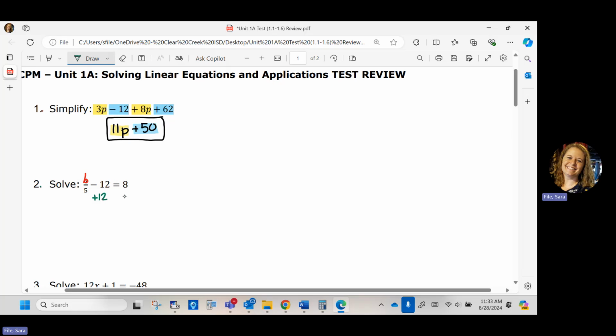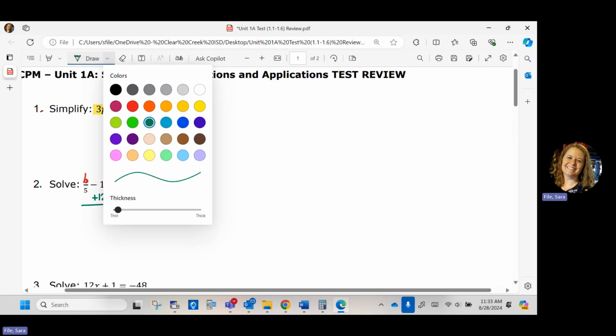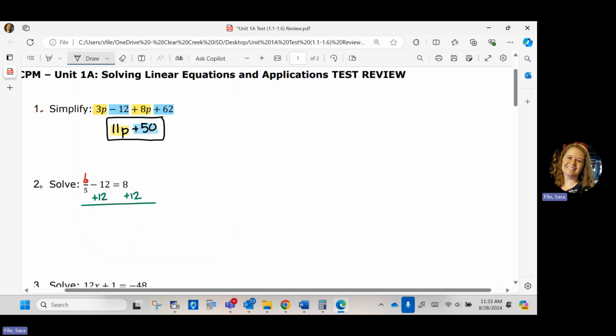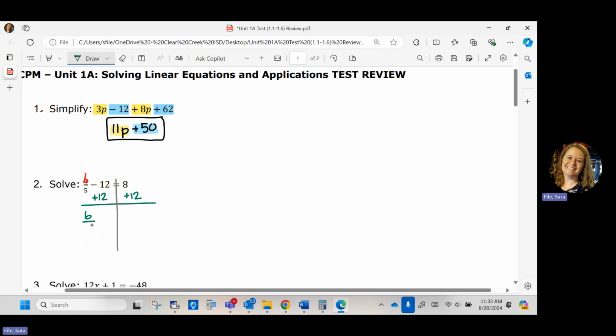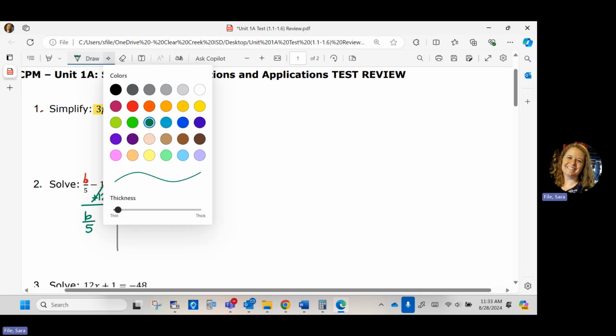So I'm going to add 12, and what I do to one side, I do to the other. If you need to have the line drawn down your equation to separate the left and right, you can do that. So that's going to leave us with b over 5, because the 12s eliminate, equals 20. Now, your next step is to do the multiplication or division to get rid of the coefficient.